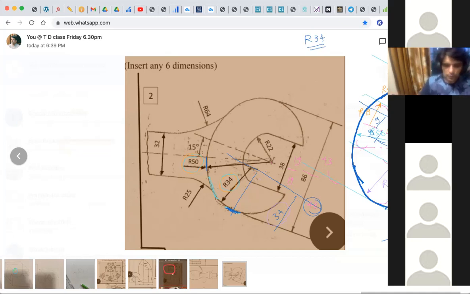Okay, so now I'll explain the remaining part. See this horizontal line. I'm changing the color so you'll know. Black, right? How much is this? 32.